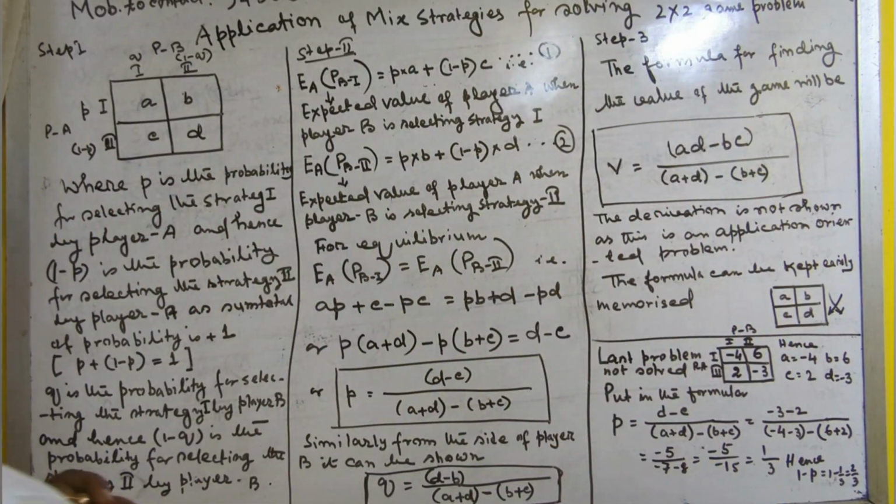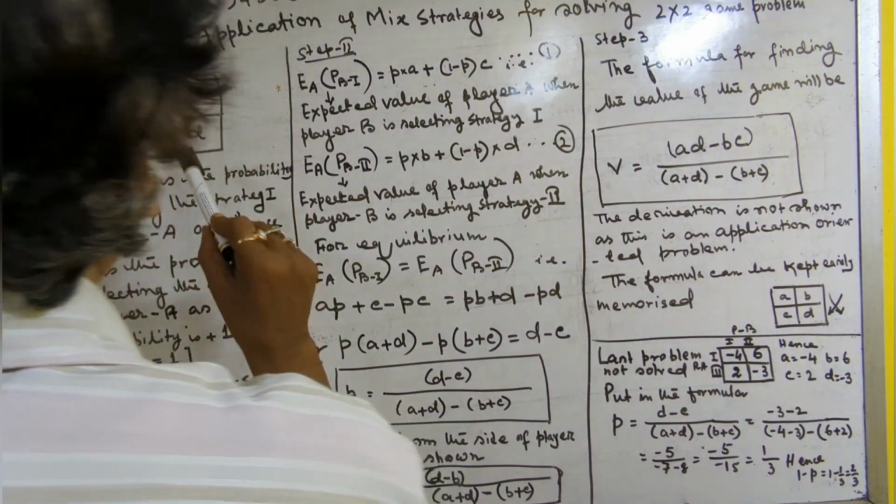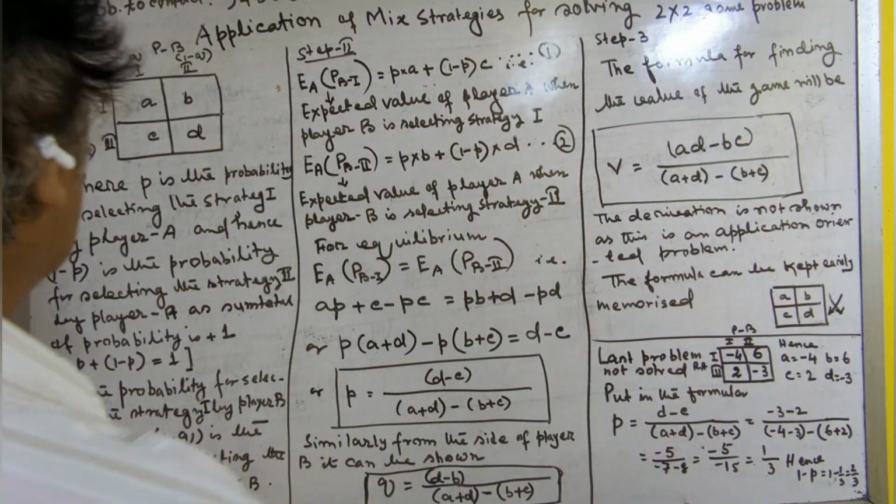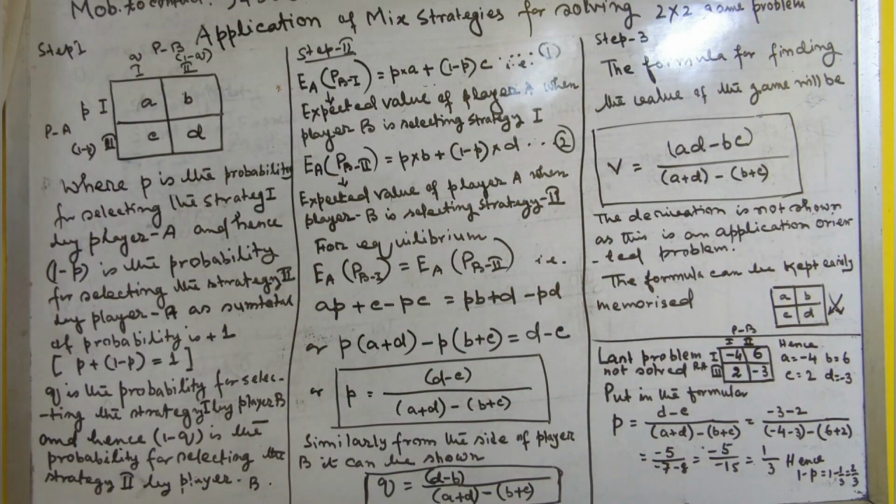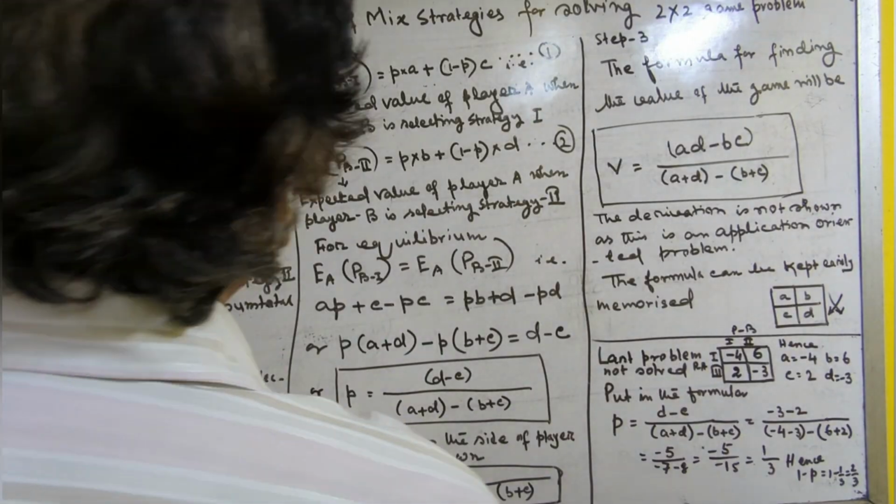For that it is better to develop the formula for getting the values or probabilities for application of the strategy. This formula can be developed by 3 methods: algebraic method, calculus method, and linear programming method.